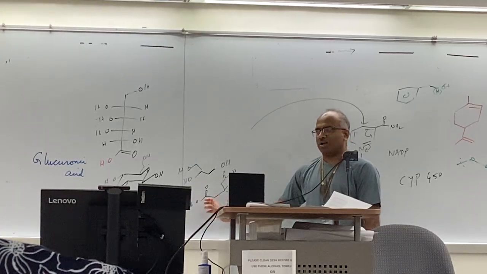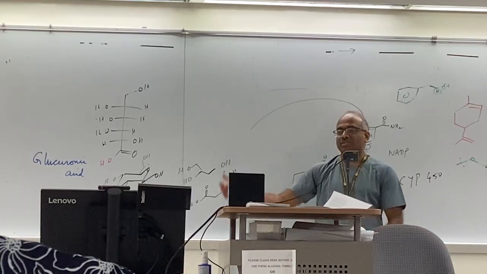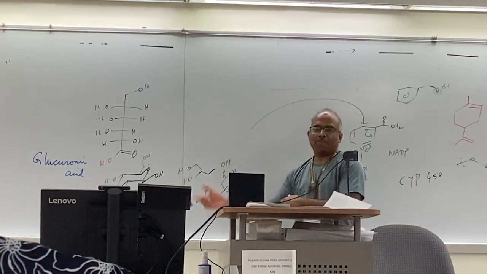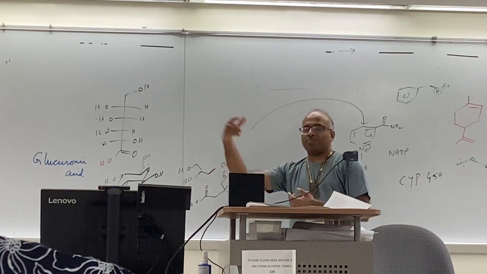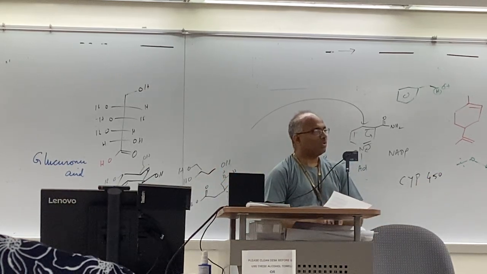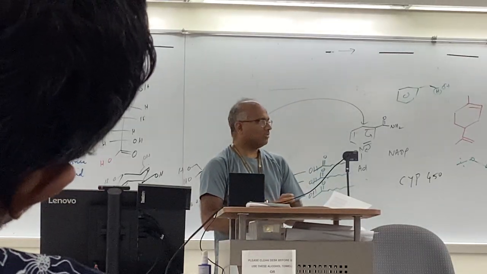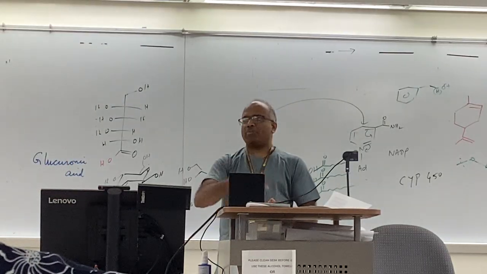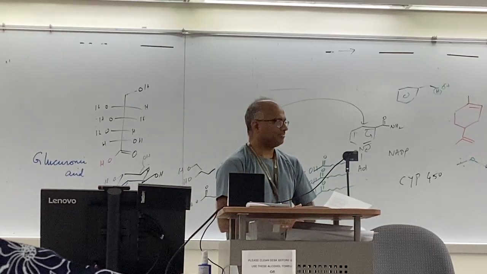And that's not all. The molecule itself may not be toxic, but once it enters the body, upon oxidation or some modified metabolism, the metabolite. What is the metabolite? Metabolite is the byproduct, a product of metabolism.